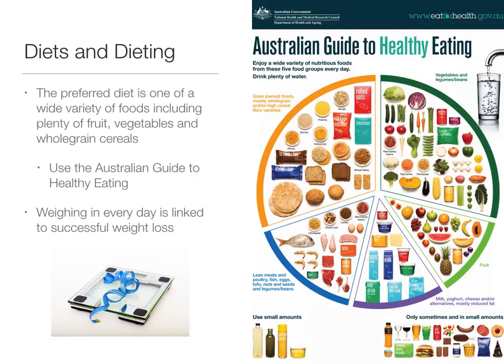A preferred diet is one that includes a wide variety of foods, including plenty of fruit, vegetables, and whole grains, as shown in the Australian Guide to Healthy Eating, where about 2/3 of total daily food intake should come from these 3 families of food. Additionally, weighing in every day is linked to successful weight loss.